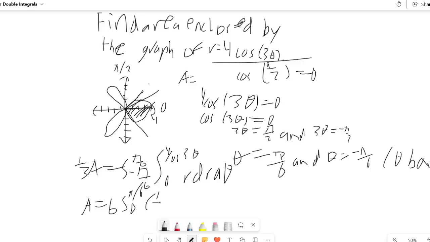So we have 1/2 r squared. And notice this is already back to what we're familiar with doing in Calc BC. And also d theta. And we're going to substitute in the r squared.